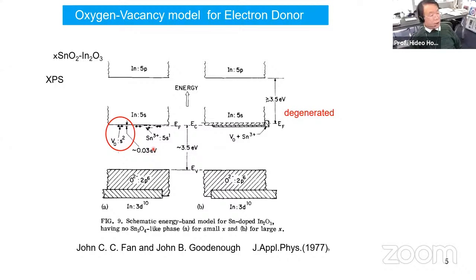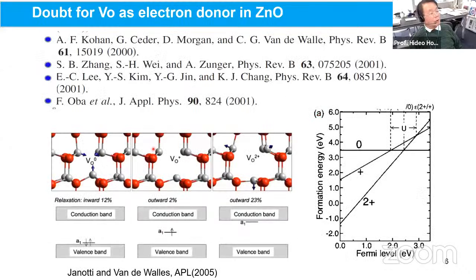But in the past 20 years, especially the past 10 years, this widely believed model has not held for most oxide semiconductors. Several groups proposed new models: first Chris Van de Walle's group, Zunger's group, and Oba's group.